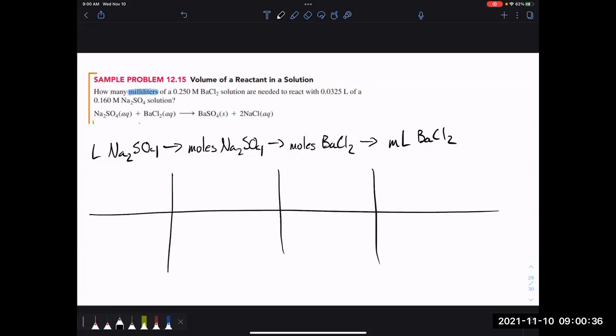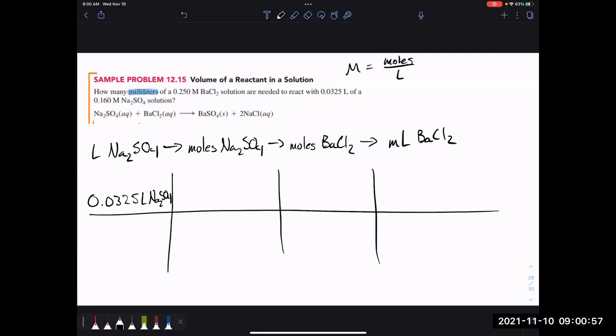So again, we can set this up like a stoichiometry problem. 0.0325 liters Na2SO4. And just also, molarity is going to be in moles per liter.